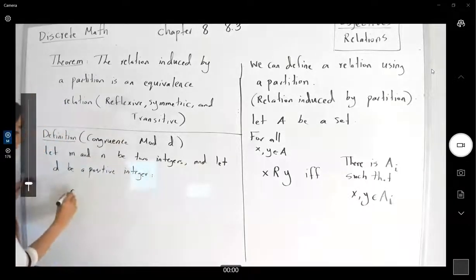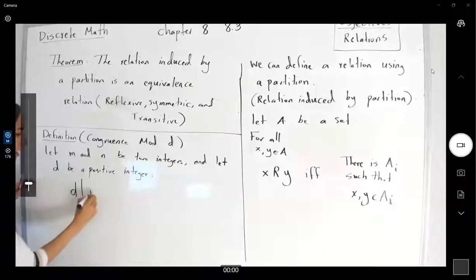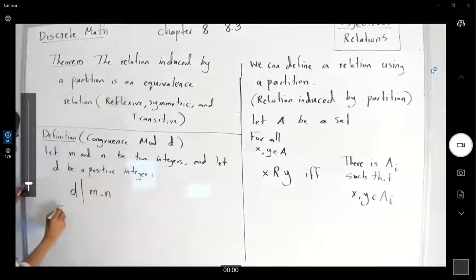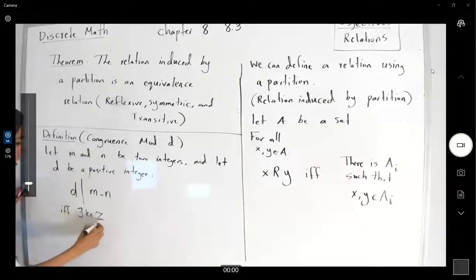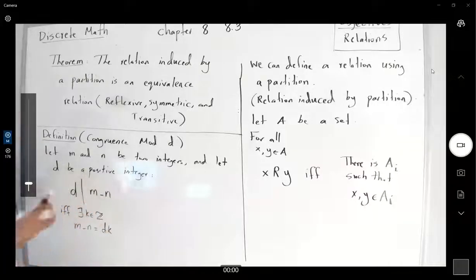We said that D divides M minus N if and only if there exists another integer like K such that M minus N is equal to D times K.